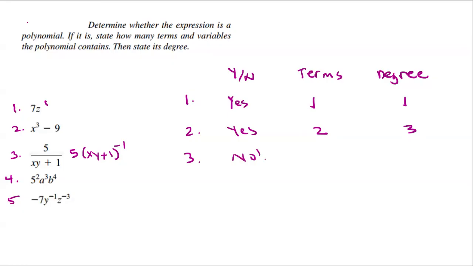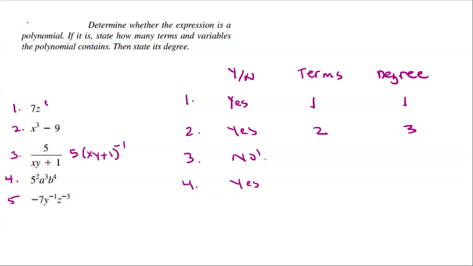Okay, so number 4. All right, how about this one? Is this one a polynomial? Is that a polynomial? Yes, good. That one's a polynomial. Okay. All right.